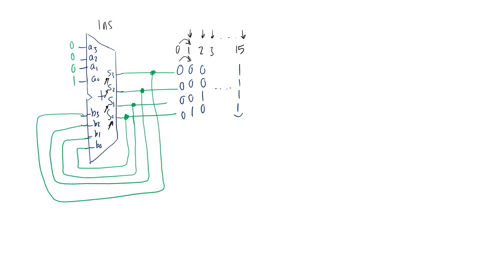Imagine I'm going from 0 0 1 1, which is a 3, to 0 1 0 0, which is a 4. If Q0, this one, happens first, and then this one happens, and then this one happens, I'm going to have so many wrong numbers in between until I get this.